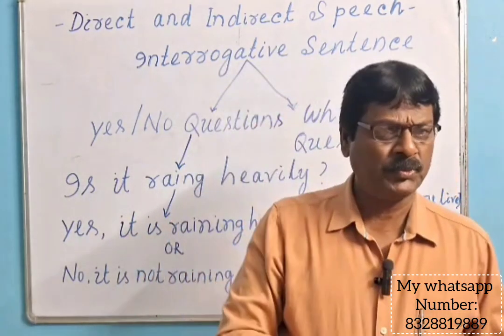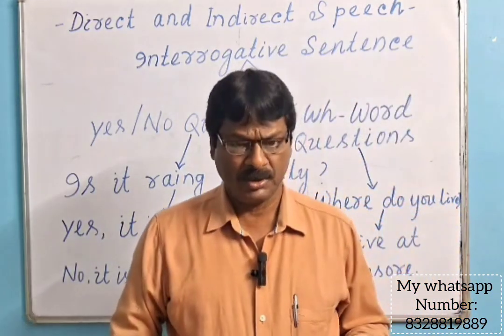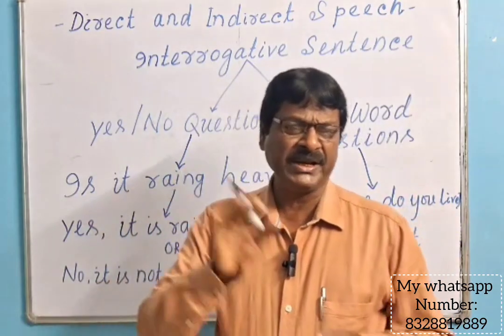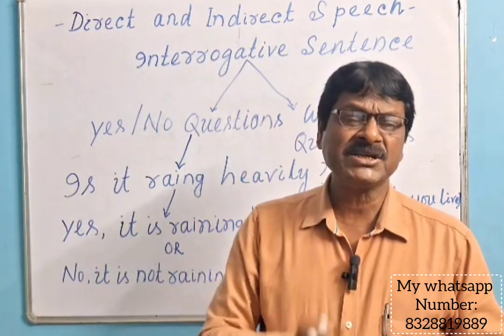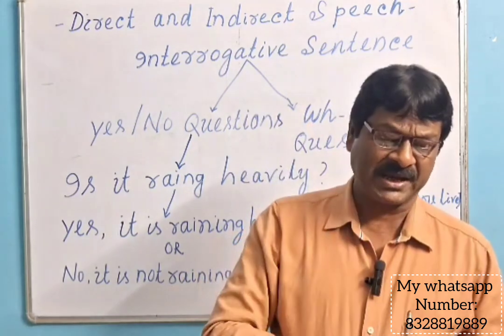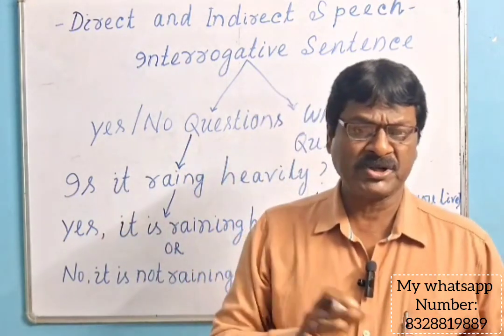Then the question may come to your mind, what is a yes no question and what is a WH word question? The sentence which needs yes or no at the beginning of your answer is called a yes no question or inversion question.